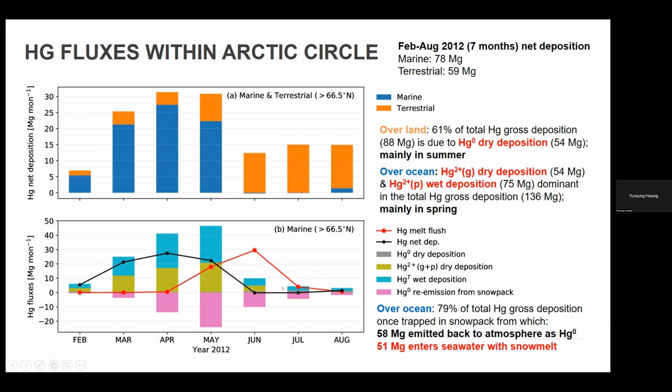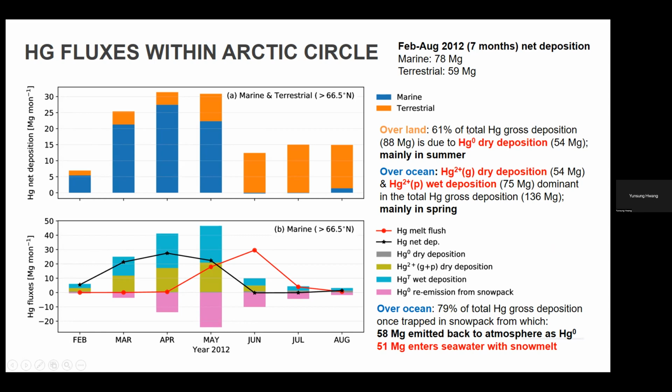So looking at the whole Arctic Circle domain of the model, this model obtains the net deposition of mercury in the marine part of the Arctic Circle, received over the 7 months from February to August, at 78 megagram, whereas over the terrestrial domain, it received mercury at 59 megagram.